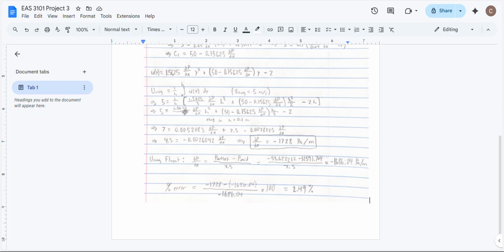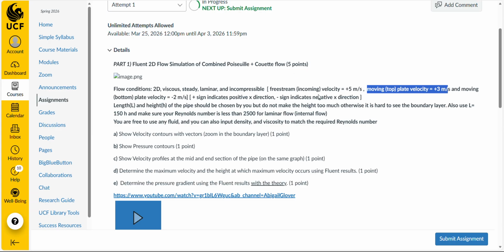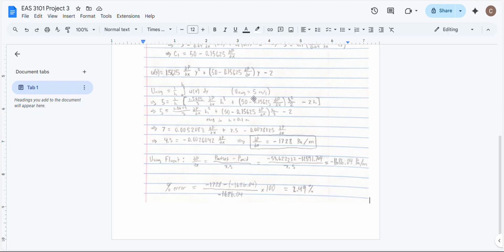From here, we know the formula for our average velocity, which is the integral of the velocity profile from 0 to h divided by the height. We also know that our average velocity is 5 meters per second. We get that from our free stream incoming velocity, and since it's steady flow, our average velocity will be 5 meters per second.